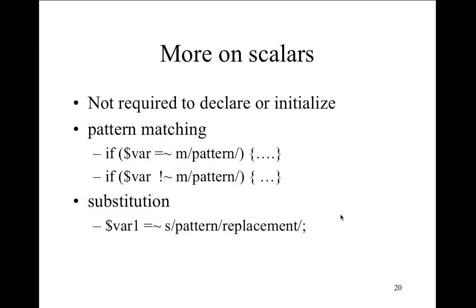Okay. So pattern matching also exists. In terms of pattern matching, if a variable equals some pattern, it's kind of like using it like a string, but the variable might actually have some stuff in it, numbers and strings. Or if it doesn't equal something. Substitutions as well. So we can say variable equals this pattern, replace with that pattern.